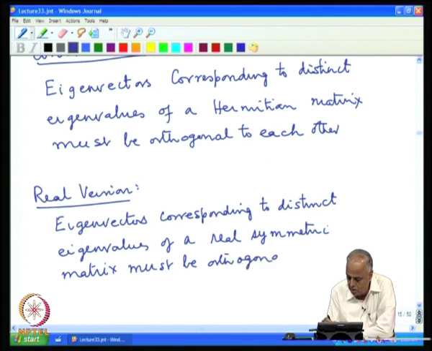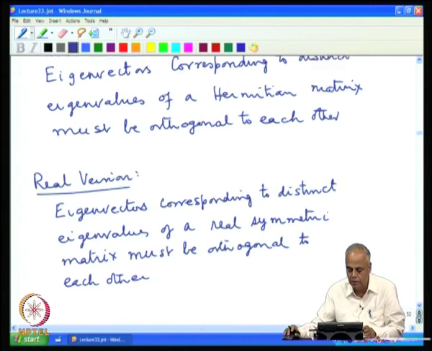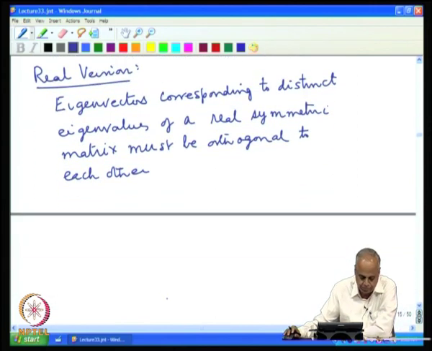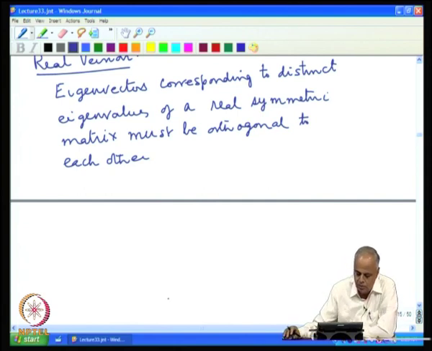Now, when I say orthogonal, in the real case we mean the real inner product, that is (x, y) is x1 y1 plus x2 y2, there is no conjugation because everything is real. So, we have now these two fundamental properties, all the eigenvalues must be real and eigenvectors corresponding to distinct eigenvalues must be orthogonal to each other.